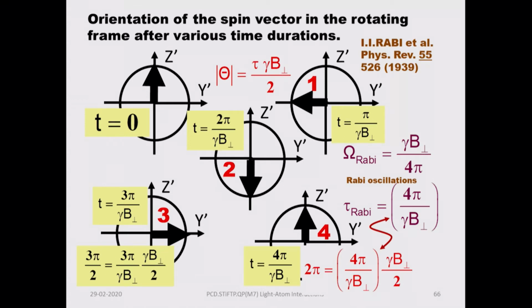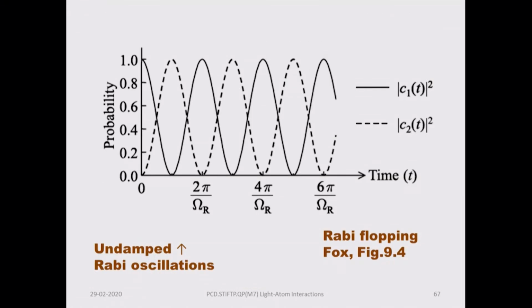So, this is because we know what the Rabi frequency is. It is gamma b by 4 pi, and this tells you, depending on the duration of the pulse, through what angle the magnetic moment would be tilted. So, this is the Rabi oscillations, and these are nice and undamped, as if they are going to stay forever.